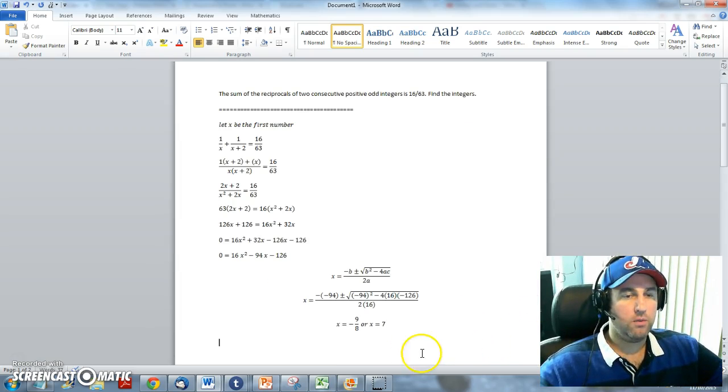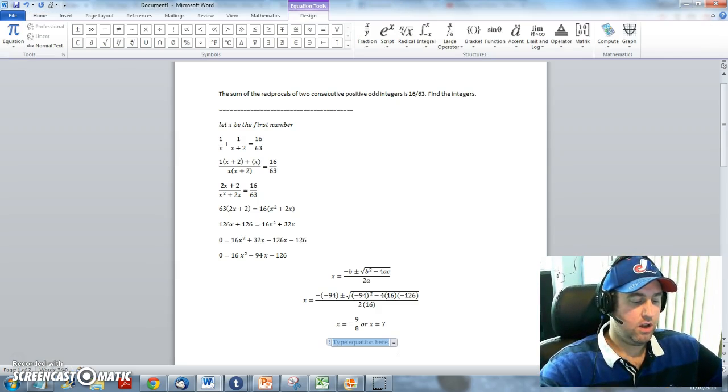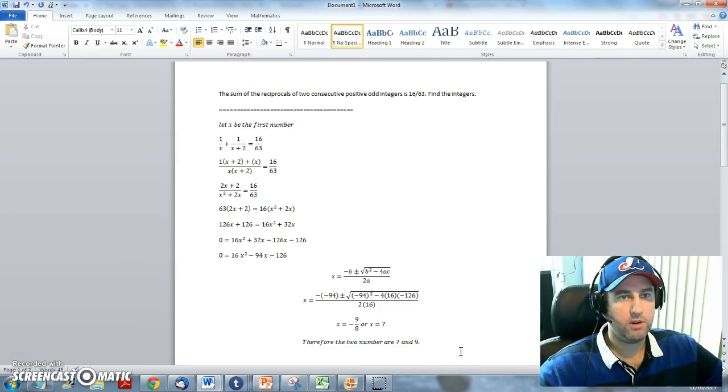So we know negative 9 over 8 doesn't work because it's not a whole number. So that means it's 7. So therefore, the two numbers are 7 and 9. Because remember, x represents the first number, 7.